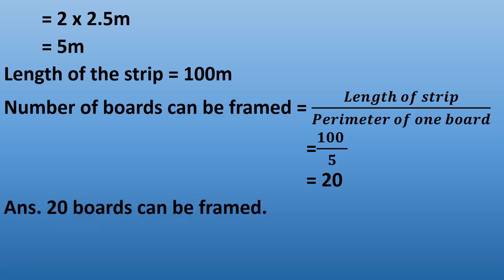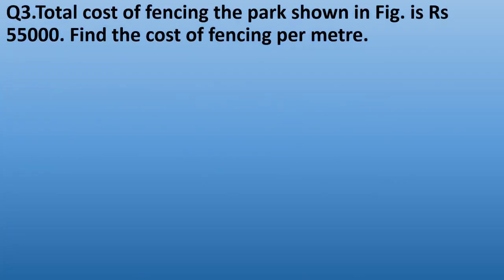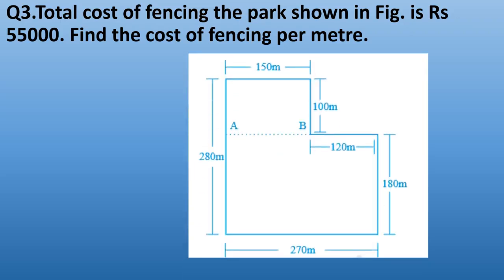See question number 3 now. Total cost of fencing the park shown in the figure is rupees 55,000. Find the cost of fencing per meter. See, one figure is given to you.